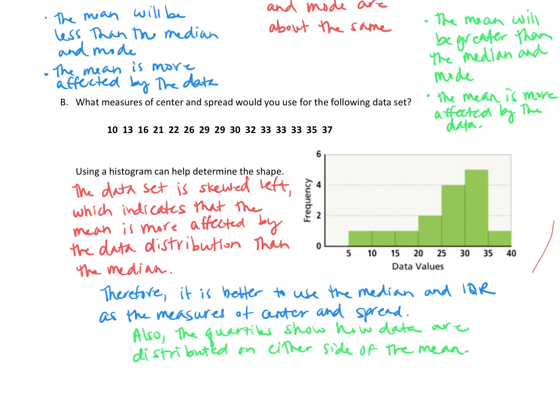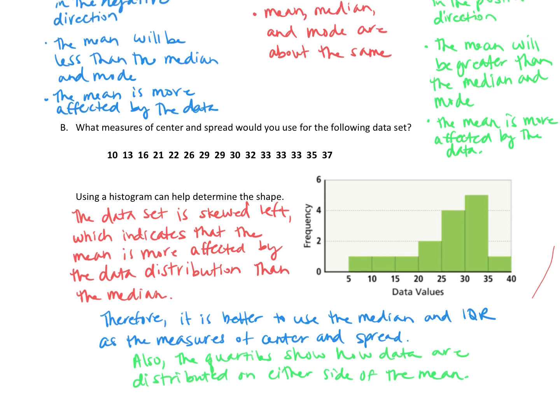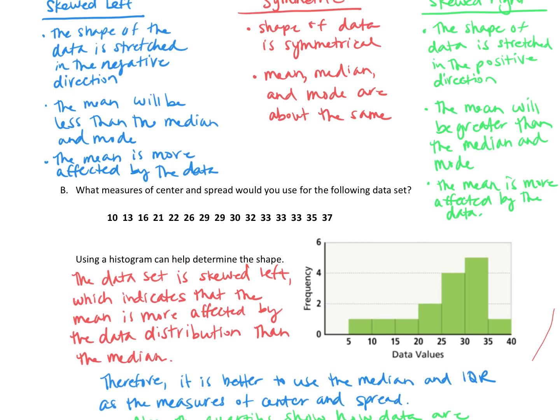All right, so let's find the median, range, and interquartile range. We could type these numbers into our graphing calculator and do the one variable stats like we saw. We also could notice that these numbers are already ordered least to greatest, so we could just quickly count out the median and our interquartile range.